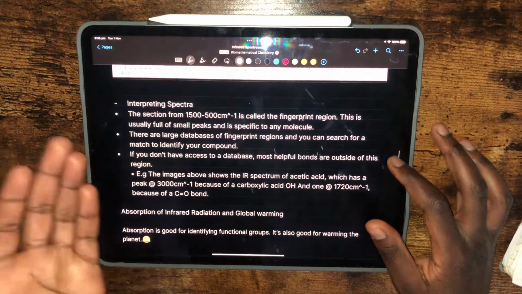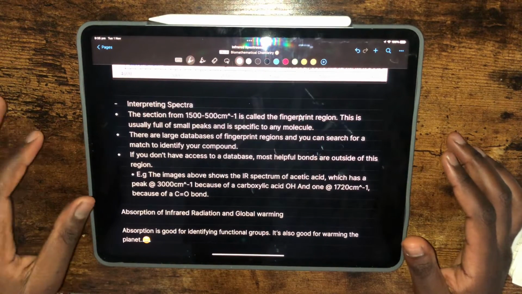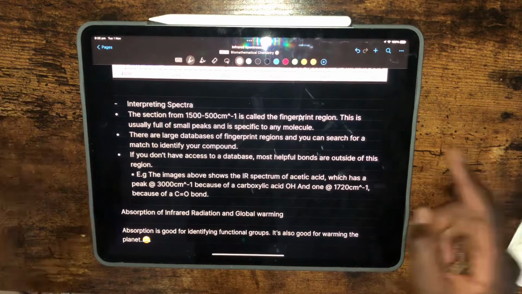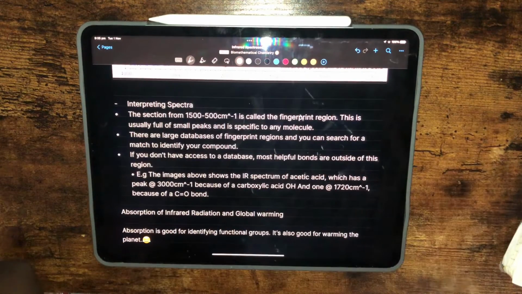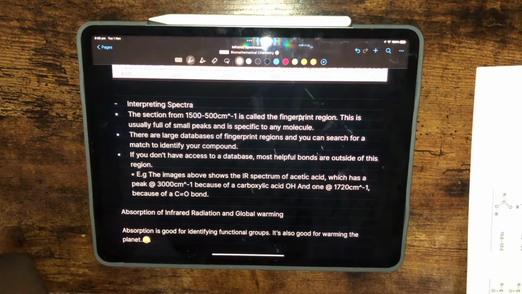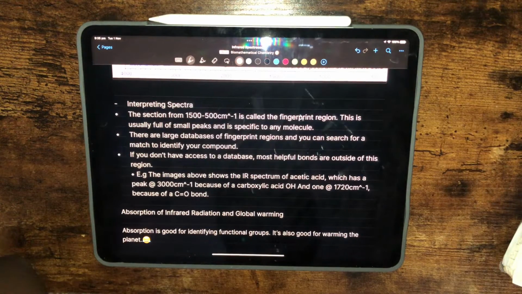There are large databases of fingerprint regions. Sorry, I forgot to say, this region is usually full of small peaks, and it's specific to any molecule. You can search a database for a match to identify your compound. If you don't have access to the database, most helpful bonds are outside of this region.